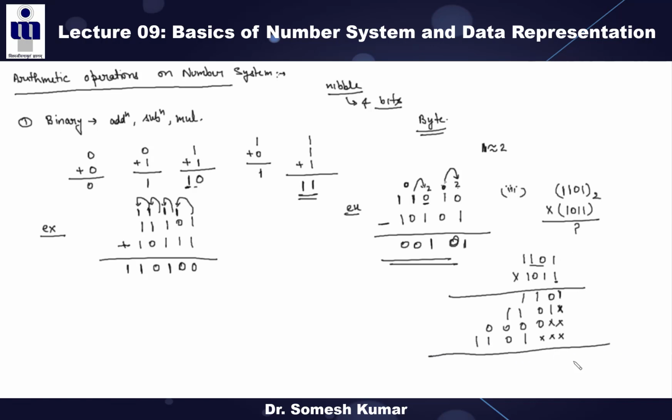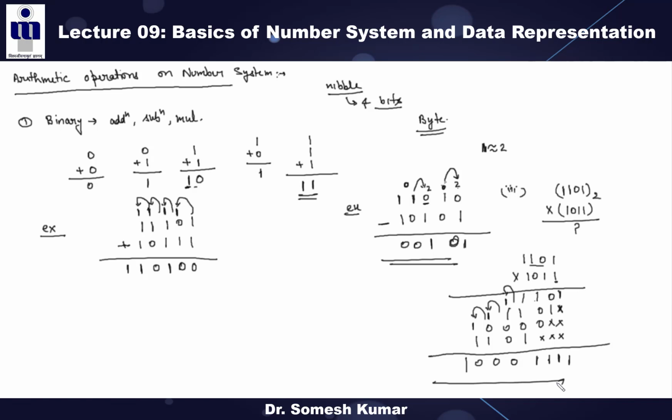Now, 1. Now 1 plus 0 is 1. 1 plus 0 plus 0 is 1. 1 plus 1 plus 1 is 1, and here the carry is also 1, right? 1 plus 1 is 0 carry 1, right? 1 plus 1 is 0 carry 1, 1 plus 1 is 0 carry, right? This is your binary multiplication. Clear?